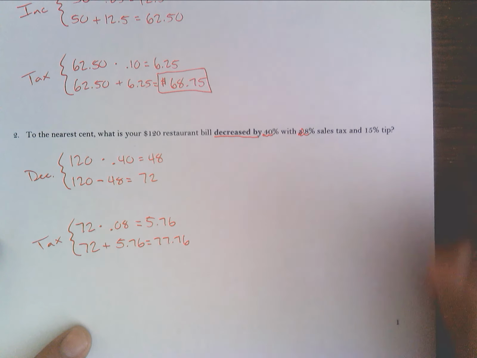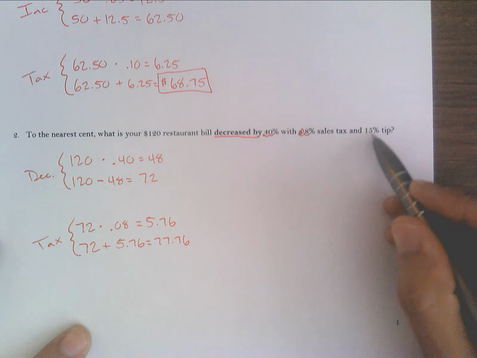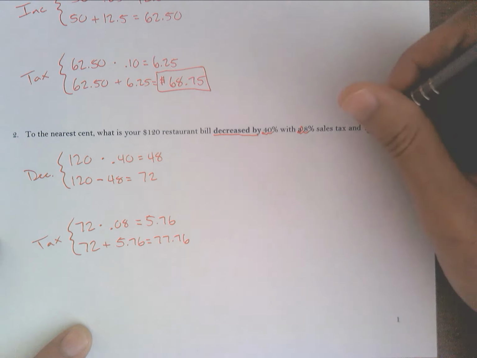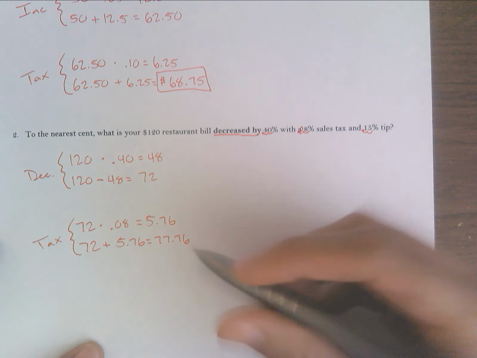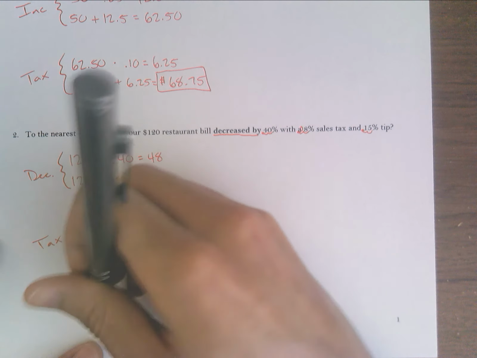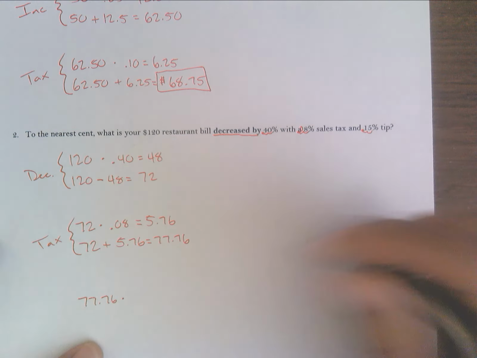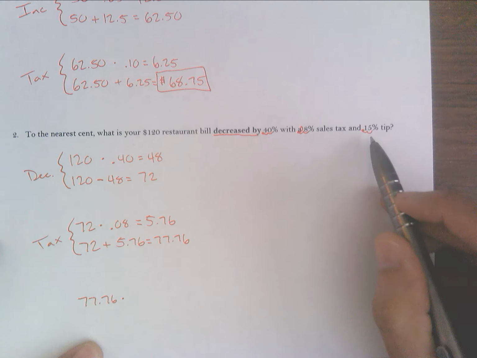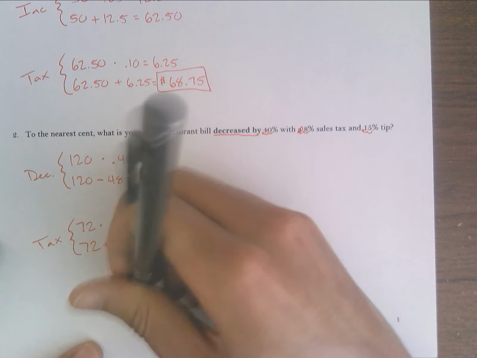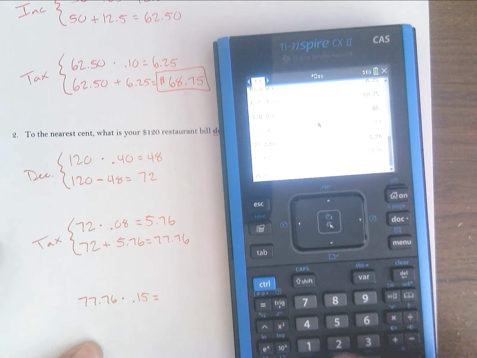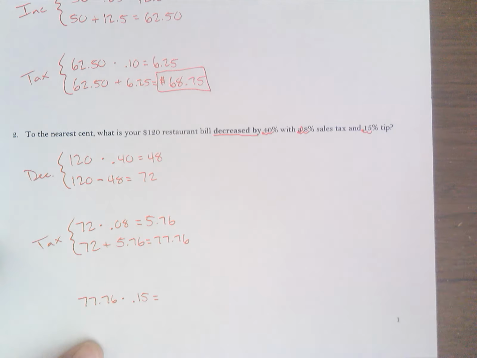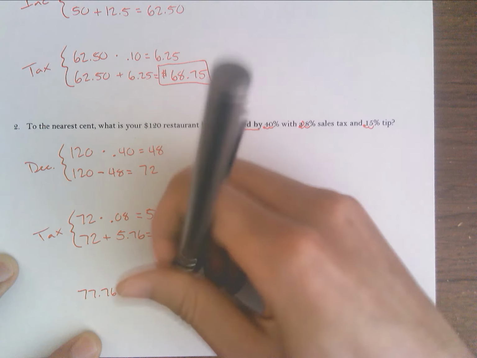The 15% tip as a decimal, we move it 2 places to the left, is 0.15. So we take the number we ended up with, 77.76, and we multiply it by this as a decimal, 0.15. We multiply that by 0.15, and we get 11.664.